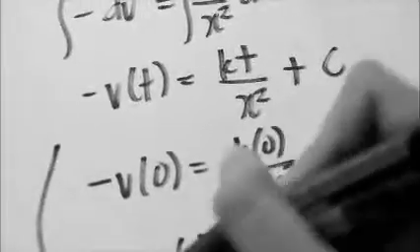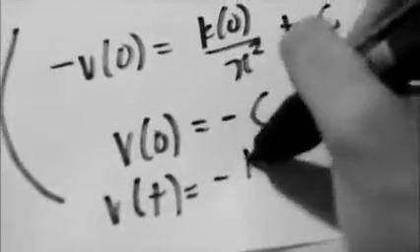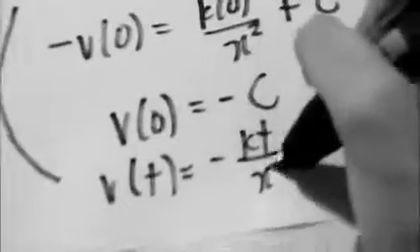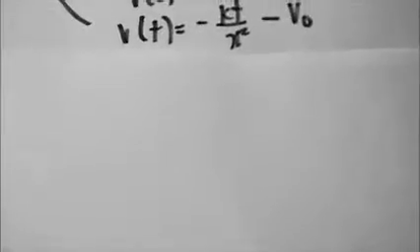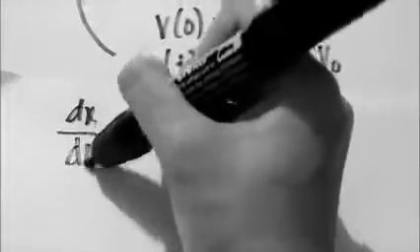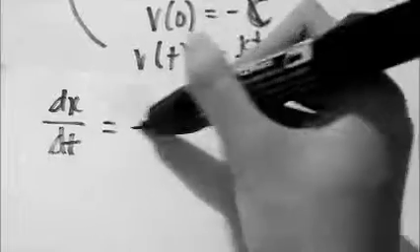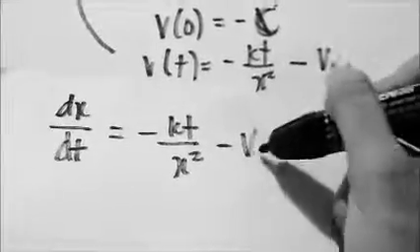So our new equation would then be v of t is equal to negative kt over x squared minus v naught. So to express distance as a function of time, v of t is simply the change in distance over the change in time, equals negative kt over x squared minus v naught.